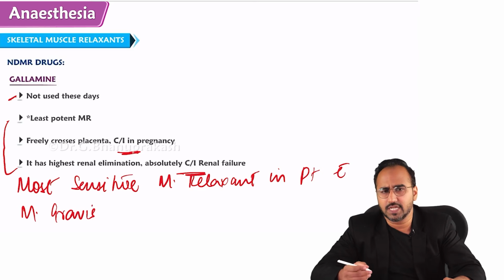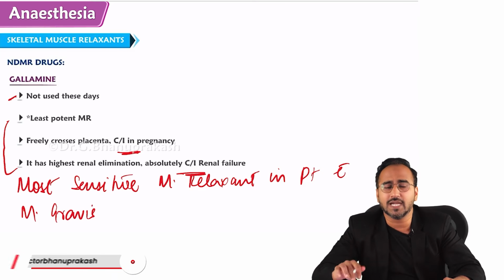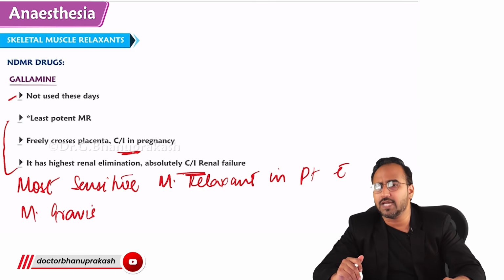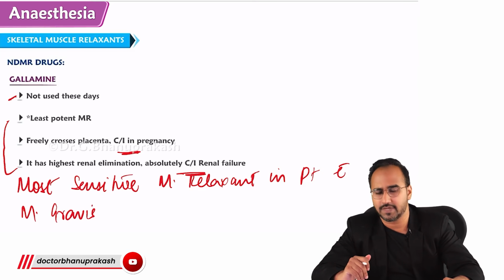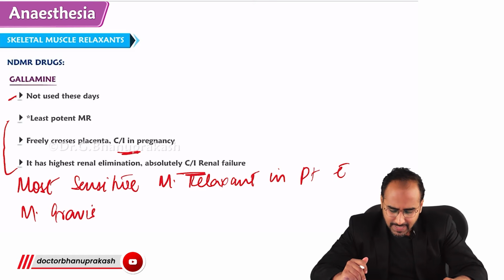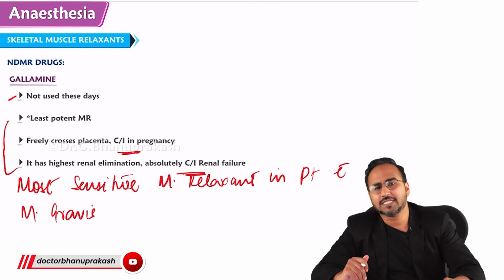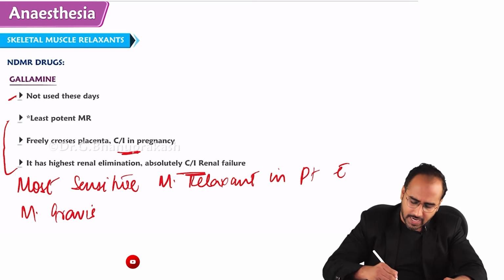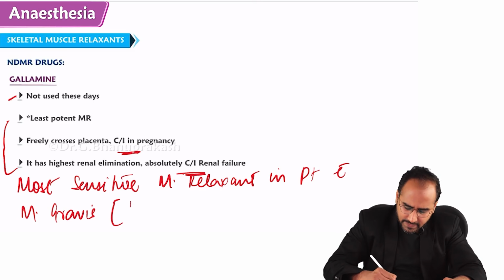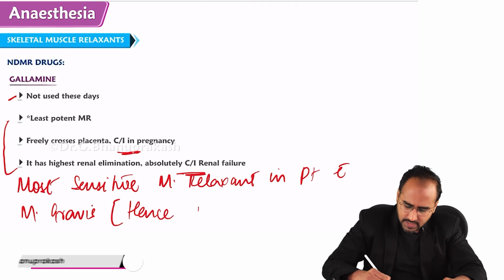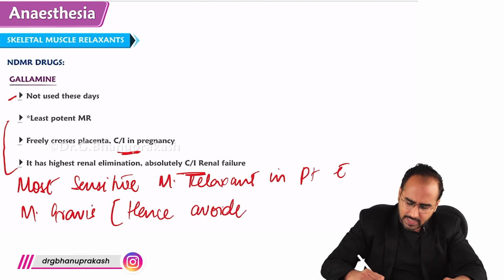I can say myasthenia gravis or Amitabh Bachchan, both are same? Both are different, but why am I telling Amitabh Bachchan? Because Amitabh Bachchan has myasthenia gravis, okay? So the most sensitive muscle relaxant in patients with myasthenia gravis is Gallamine, hence avoided in those patients.